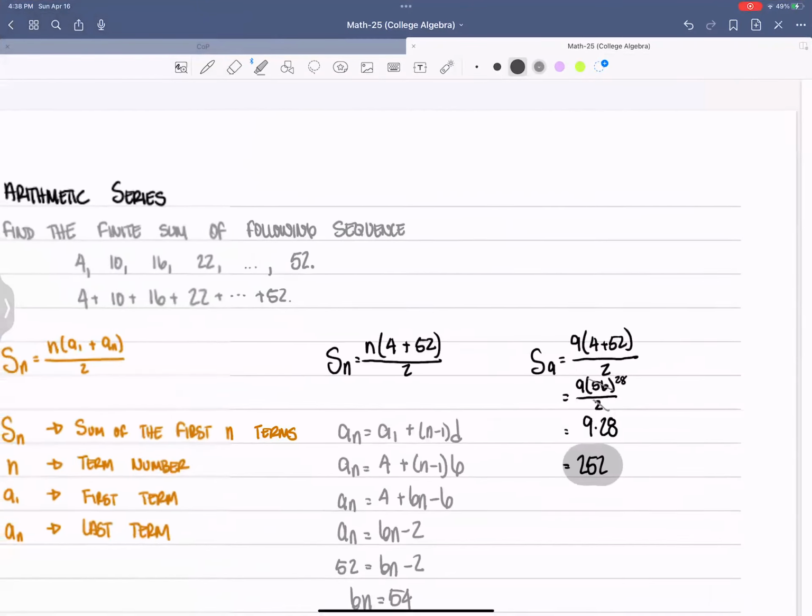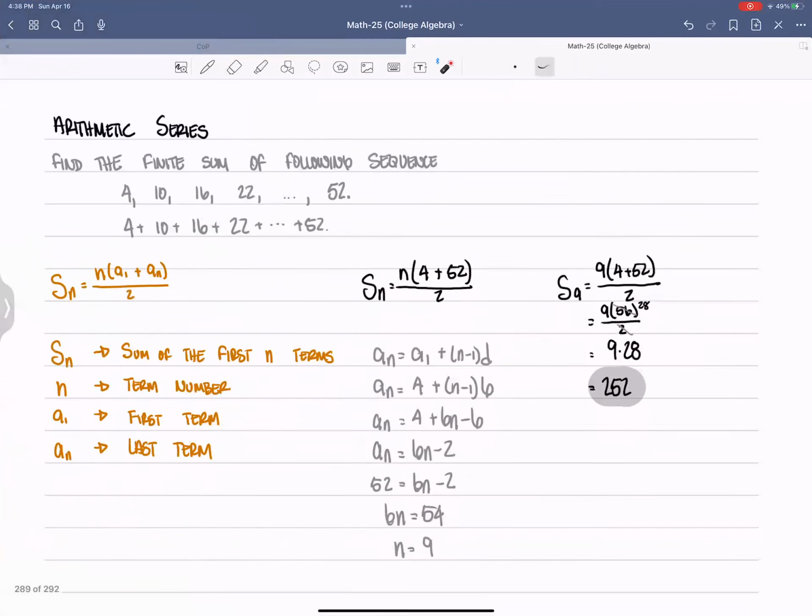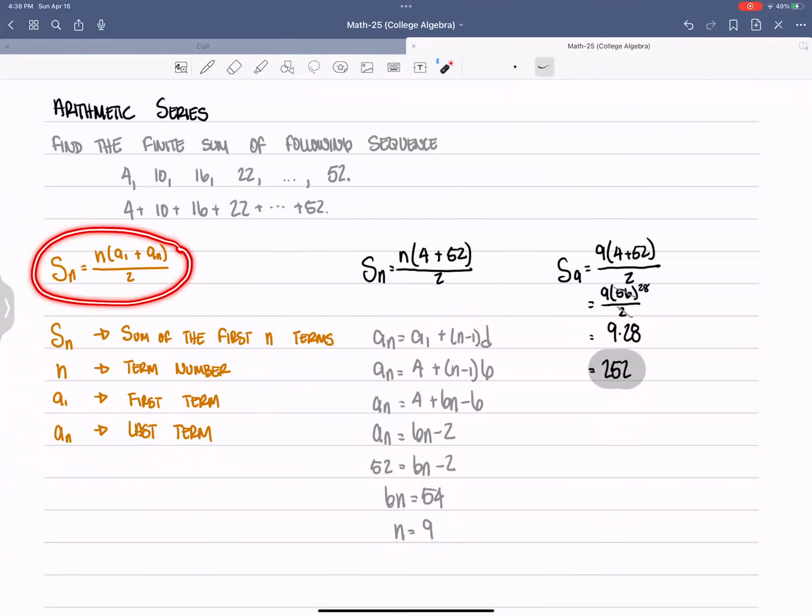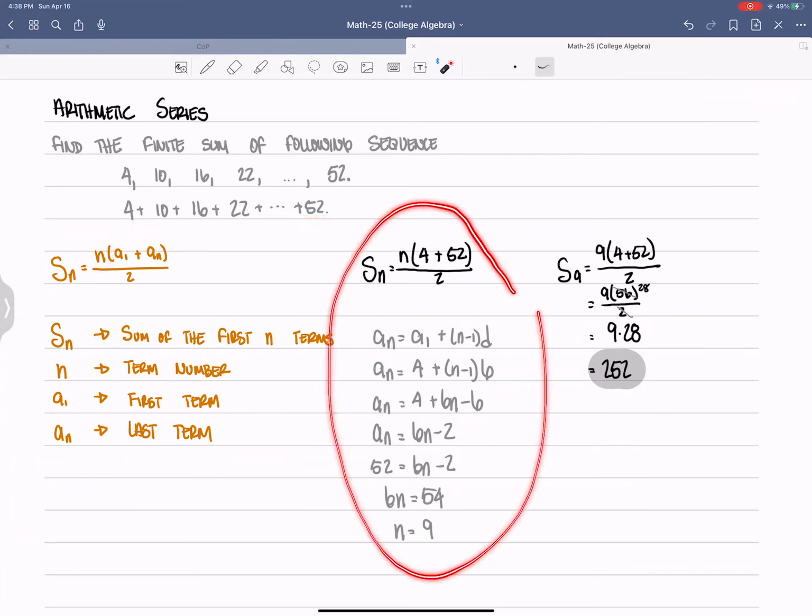One more time, a little recap. We have the finite sum of an arithmetic sequence. We need to figure out what n is, what the first term is, and what the last term is. Once we have that, we can plug it into our formula. It was easy to find the first and last terms, but we didn't know what n is, so we needed to go back to our general term.